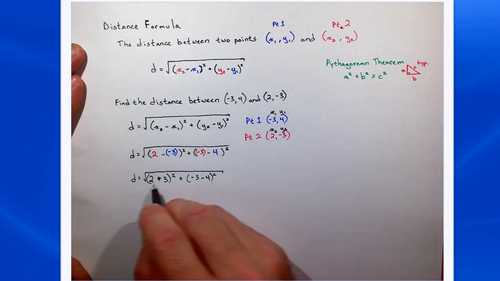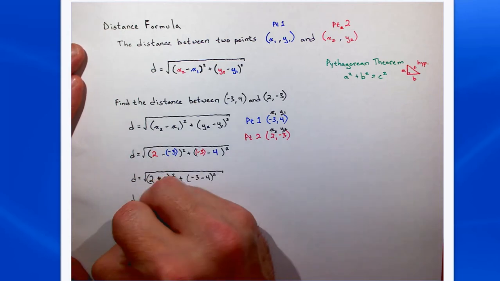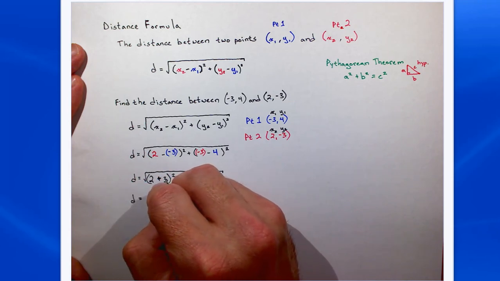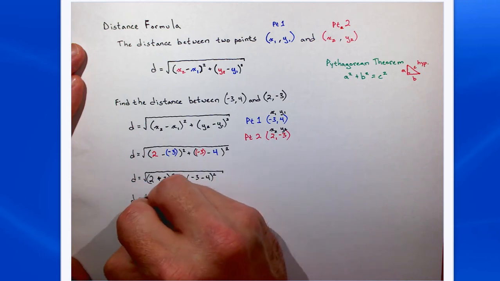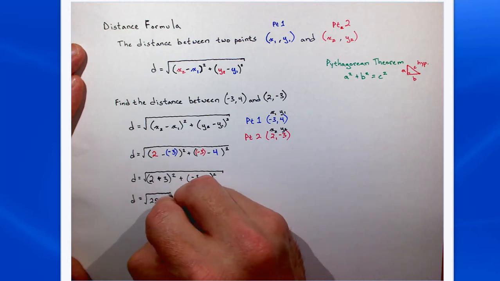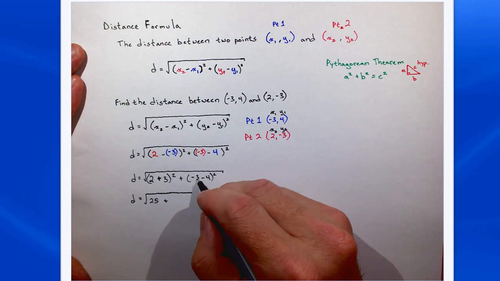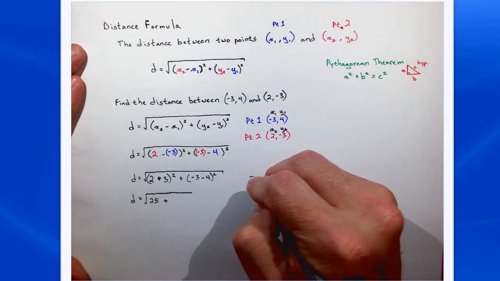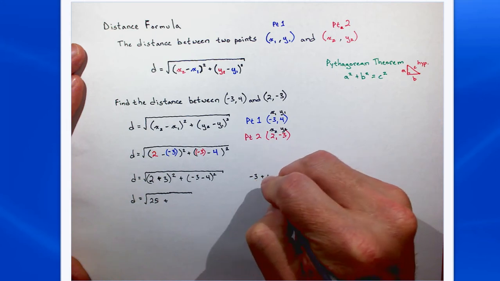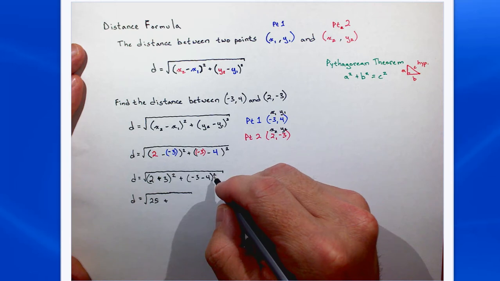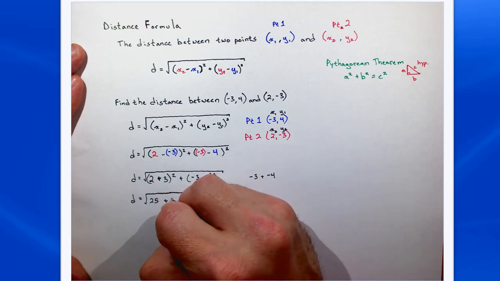Solve inside the parentheses and then square. So D equals, I have 2 plus 3 is 5. 5 squared is 25. Plus, I have a -3 minus 4, or this can be viewed as a -3 plus a -4. So I have a -7 squared. And -7 squared is 49.